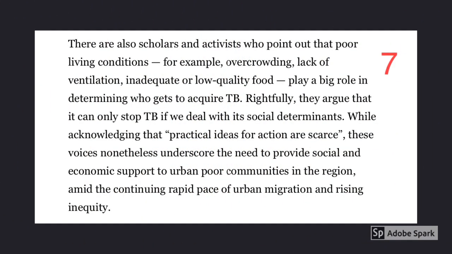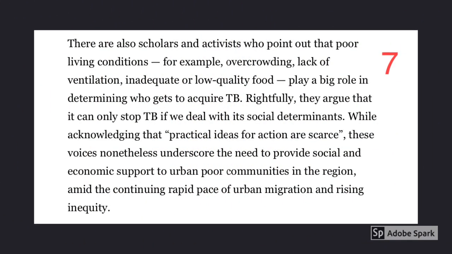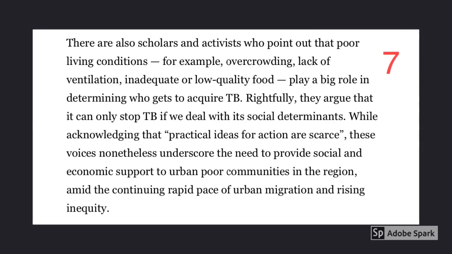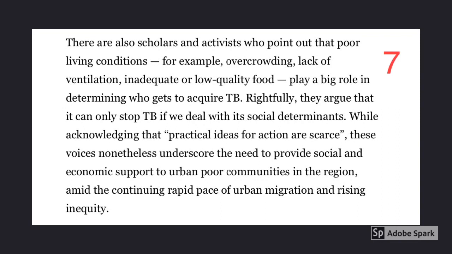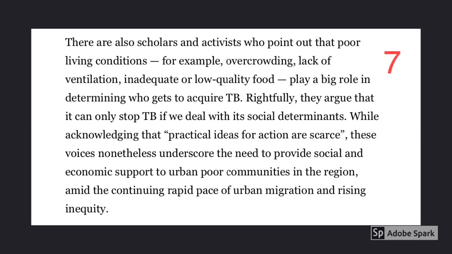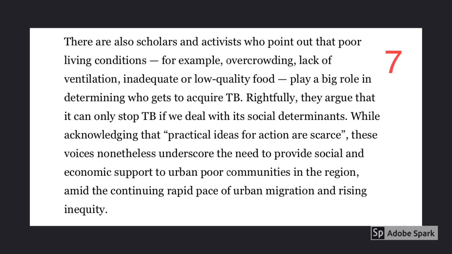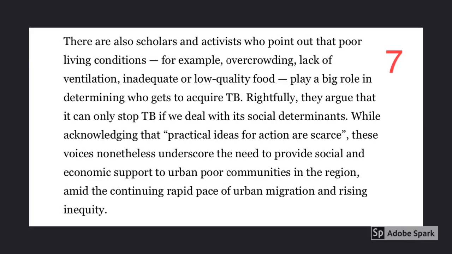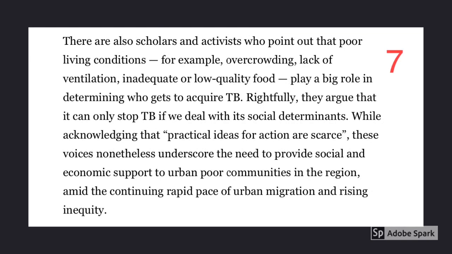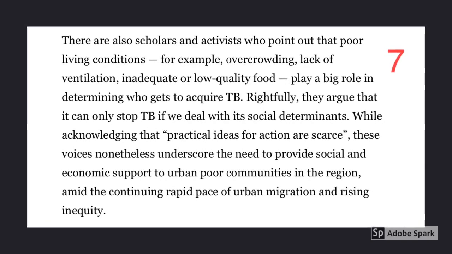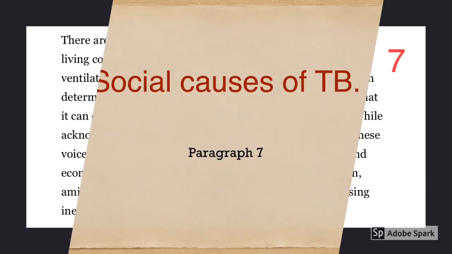Paragraph 7 returns to even further deeper causes, the social causes, the underlying factors that can explain why TB continues to grow. And so scholars, it mentions, point out overcrowding, lack of ventilation, poor food and hygiene, and so forth.